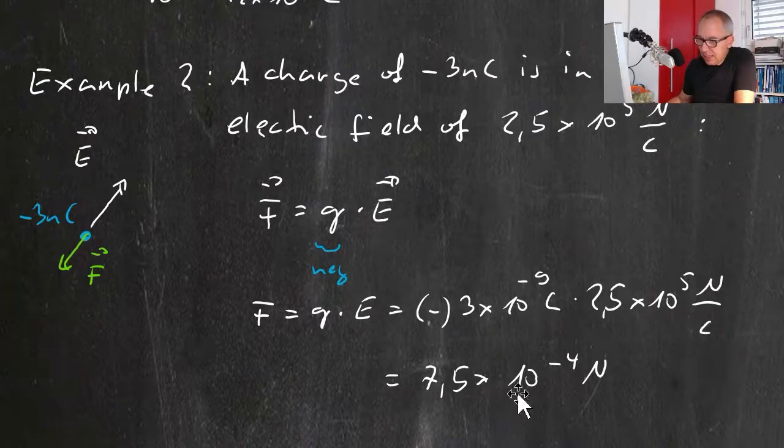As you can see, this value is 4 times less than what we started with at example 1. And this is quite clear, since the charge is 4 times less, then the force is 4 times less, and due to the minus, the direction is flipped.